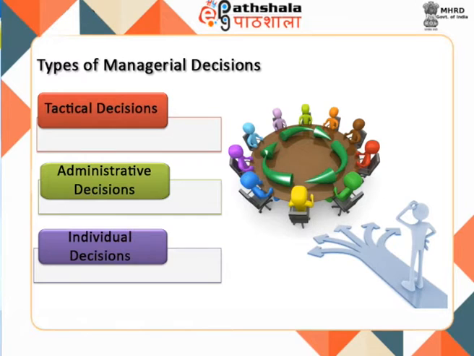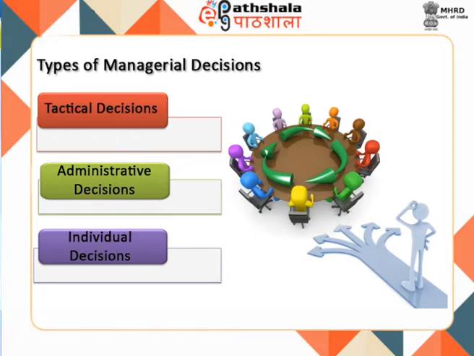Individual decisions. A decision taken up by an individual or a single person is an individual decision and is taken on the basis of defined policies, etc. They are generally related to routine problems. Group decisions.